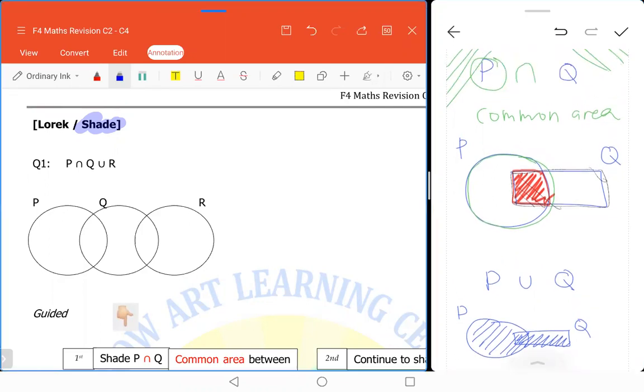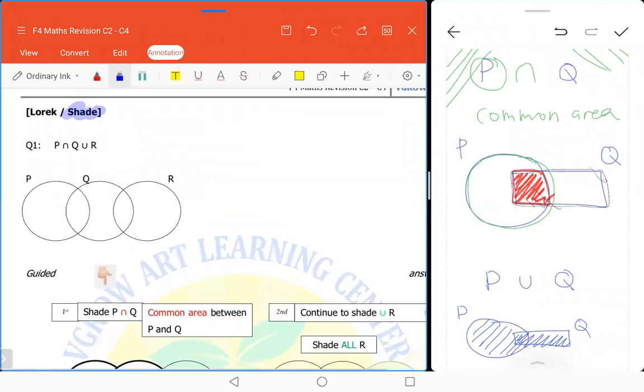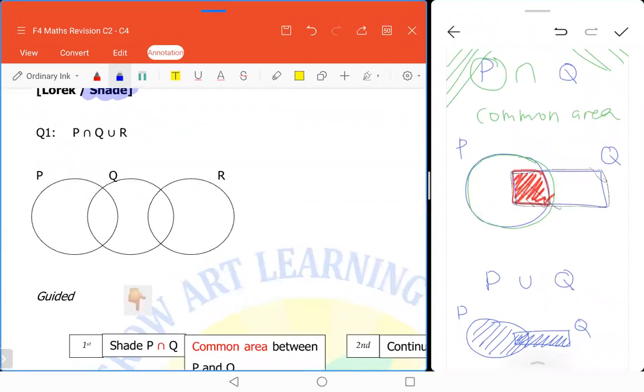Okay, so now we see the example over here. Question 1, P intersect Q union R. So we read the question from left to right. We do from left to right also. So this is the question itself. This is P, this is Q, this is R. Okay. Then we do P intersect Q first.